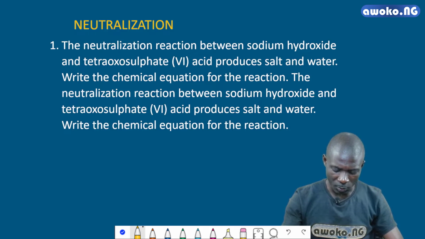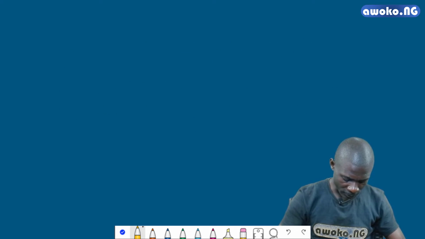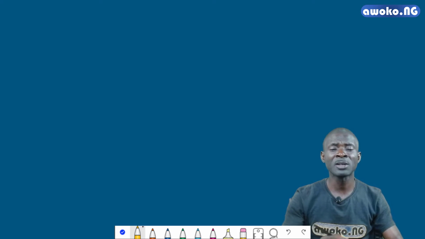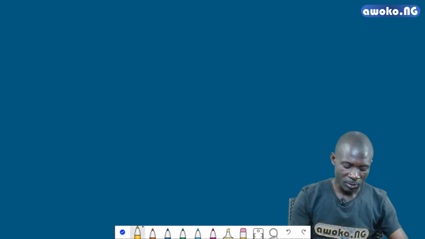Write a balanced chemical equation for the reaction. For us to write the balanced chemical equation, it is very simple, provided we can write the correct chemical formula of the different substances, both the reactants and the product. Then we can now balance the equation as follows.